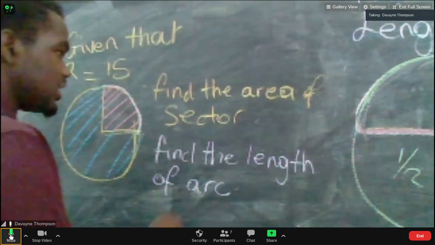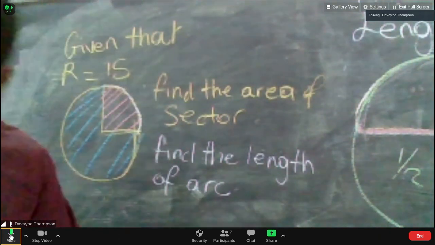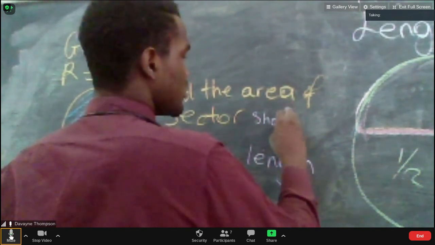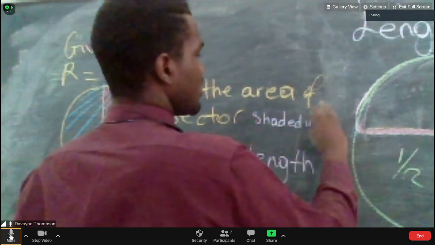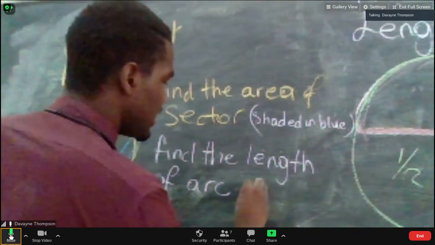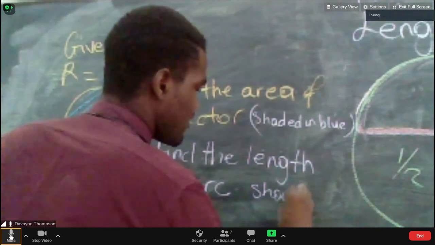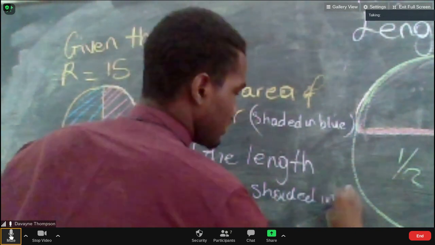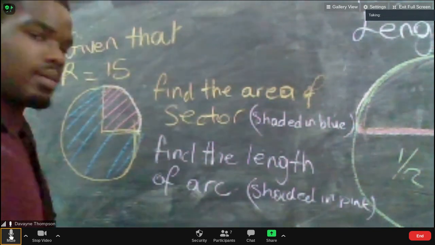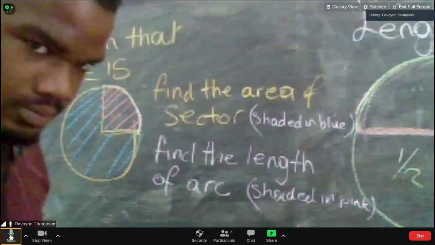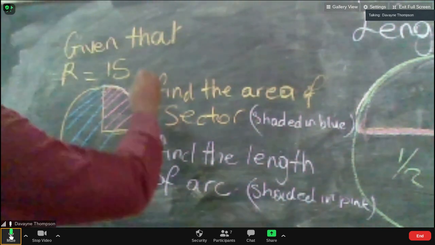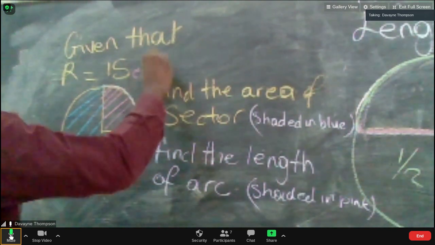Shaded in blue, and then the next one, shaded in pink. My chalk is completely finished. Any questions? Given that R is equal to 15 cm, my bad, 15 cm.